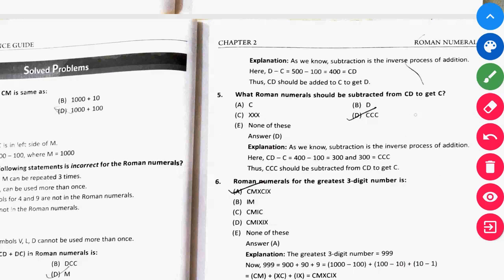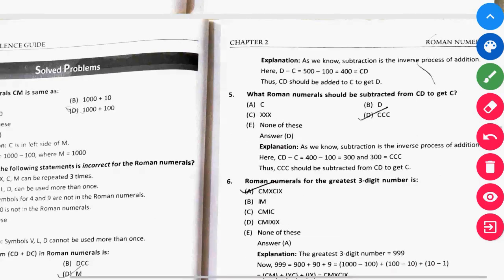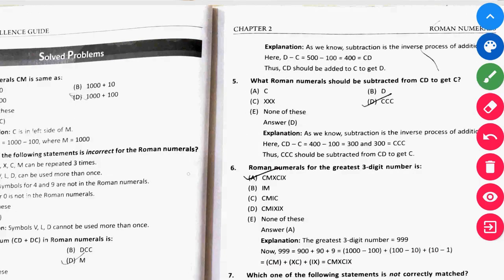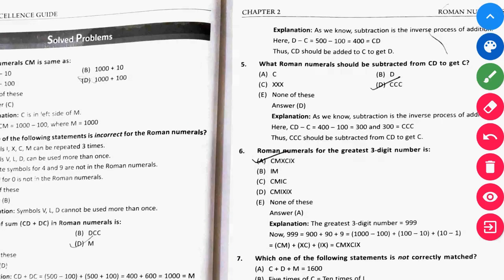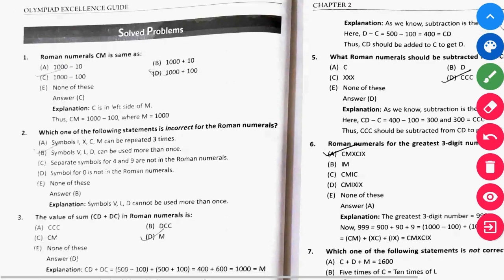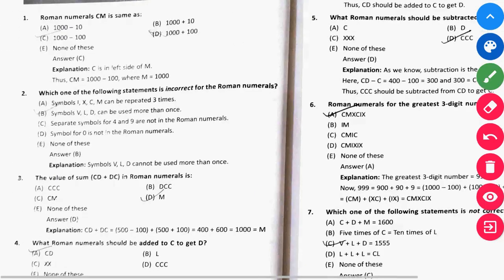Write the Roman numerals: what Roman numeral should be subtracted from CD to get C. Now here, CD means what and DC means what, that should be known to us.